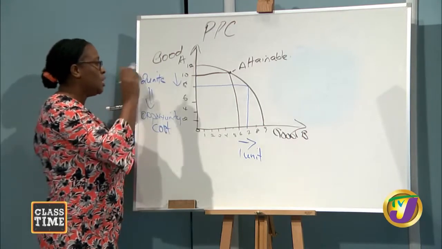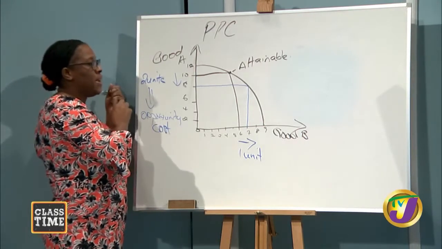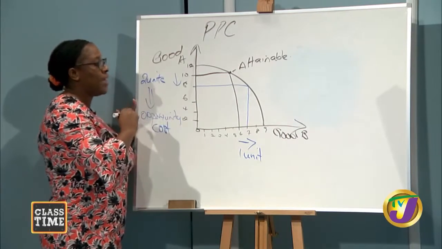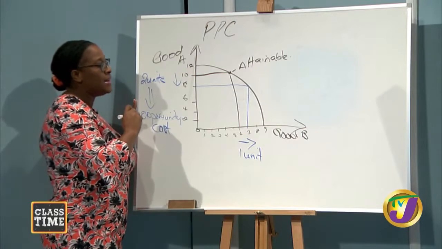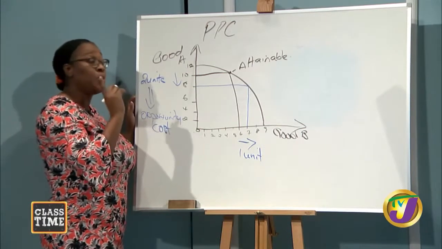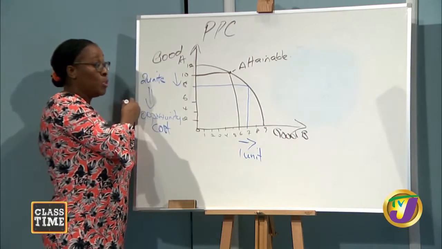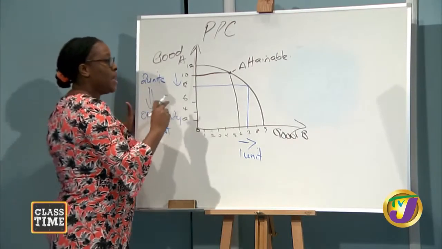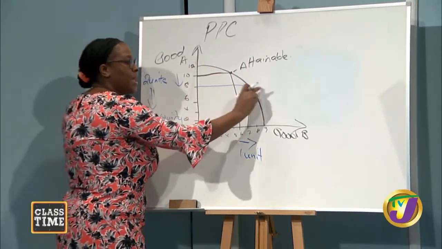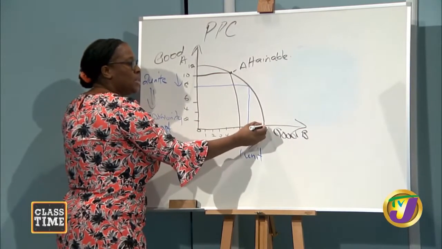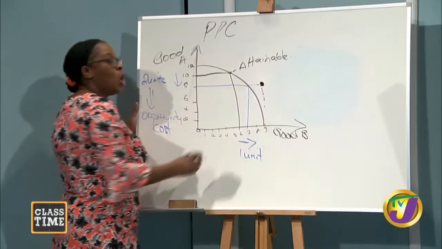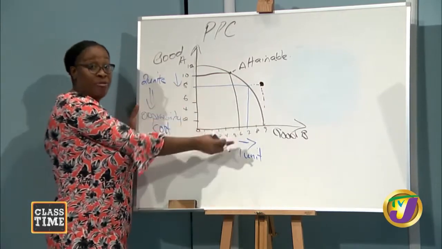All right. Now let us say, stretching you a bit, that the economy wants 8 units of A and 9 units of good B. Are they able to produce that level of output? Let us look at it. Look what happened. It falls outside of the PPF.